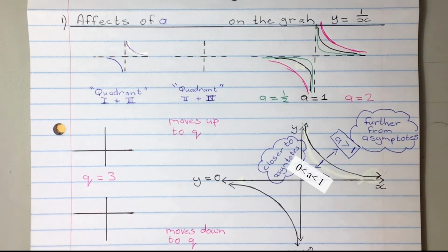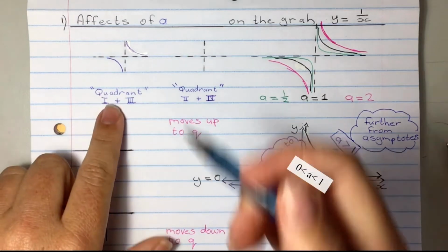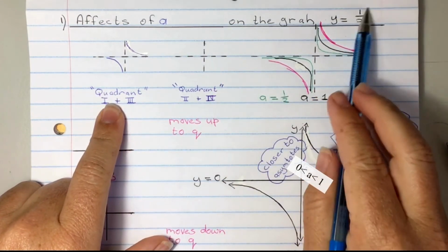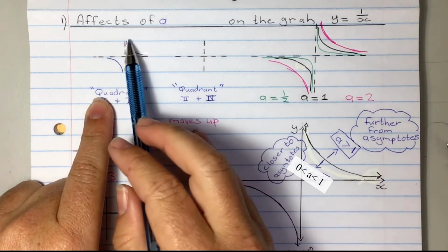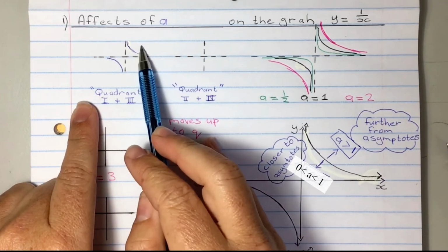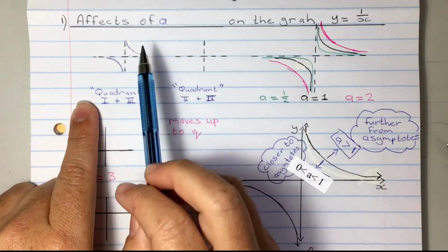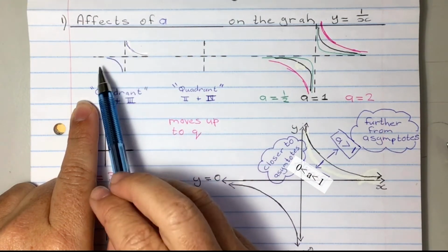Now the other part of A that most of you already know from grade 10 is a positive or negative A. So here we've got positive 1, and you can see this is like our original graph where we are sitting in quadrants 1 and 3. Remember, our quadrants are labeled 1, 2, 3, and 4.